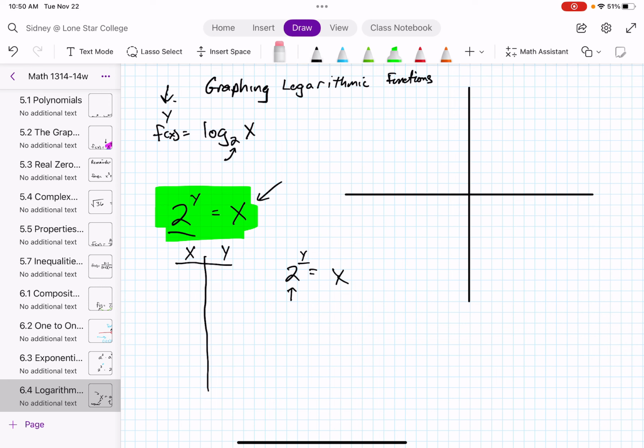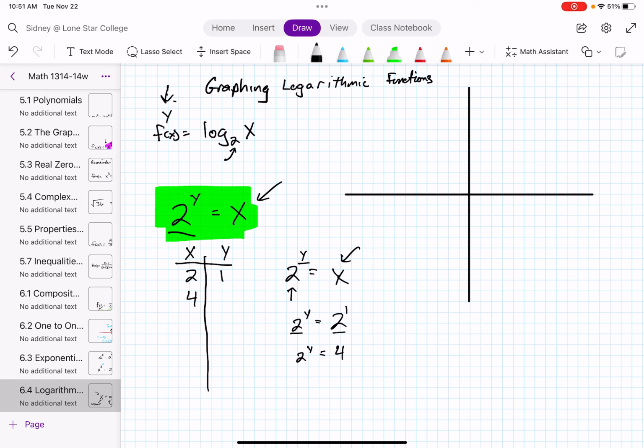If I were to say the x value is 2, that means 2 to what power equals 2 to the power of 1. Well, if you remember from a previous video, when the bases are the same, the exponents are equal. So y equals 1. Now, if I were to say 4, 2 to some power equals 4.